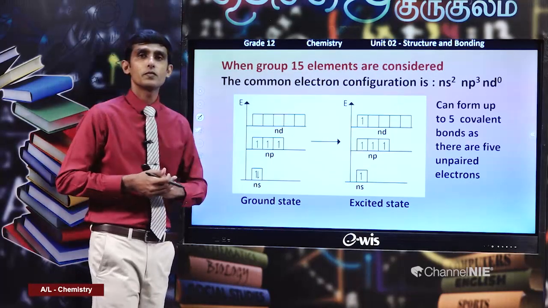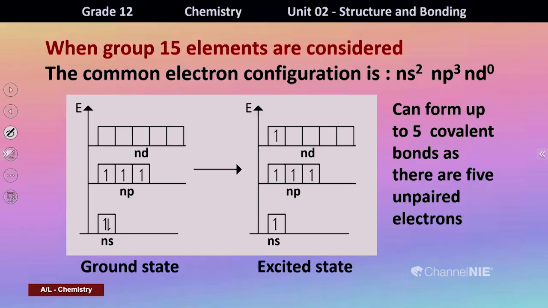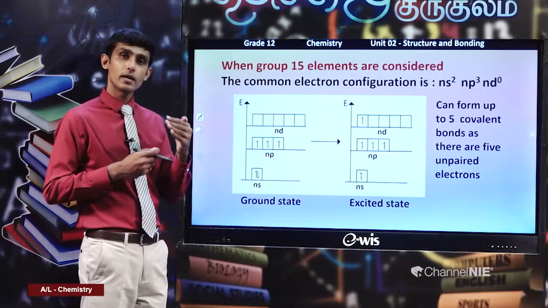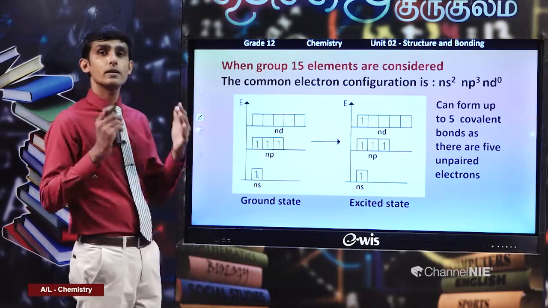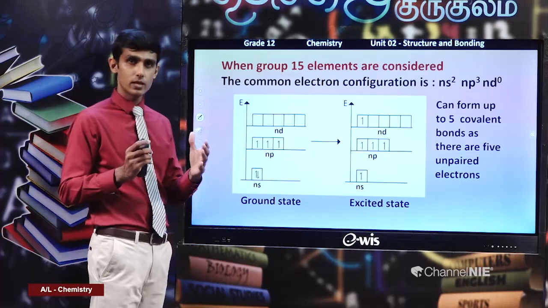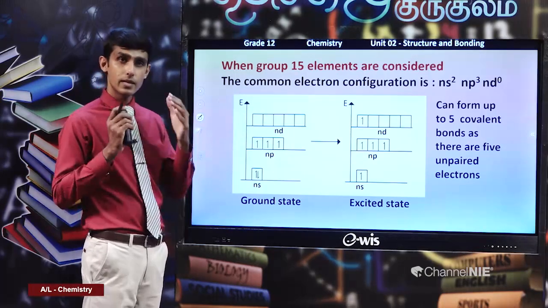When it comes to group 15 elements, you have s sub level, p sub level. Apart from nitrogen, the other elements like phosphorus, arsenic, antimony, they have d sub energy level also in the valence shell. That d sub energy level is empty.